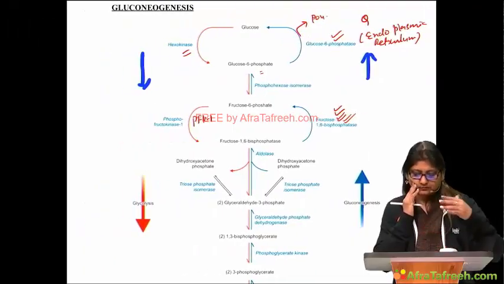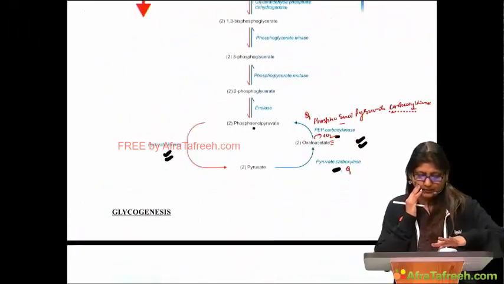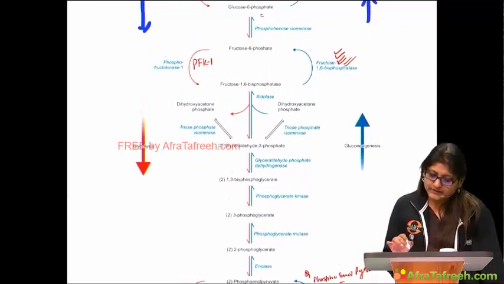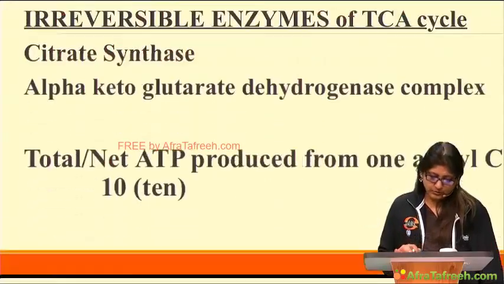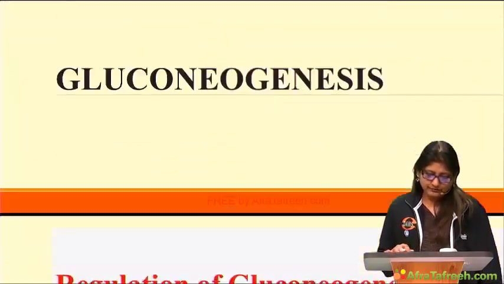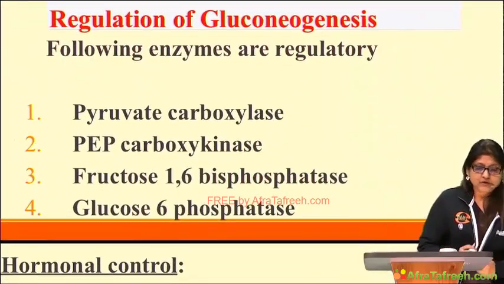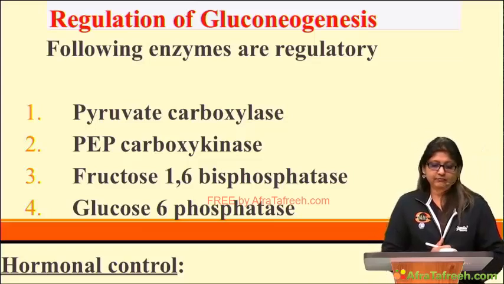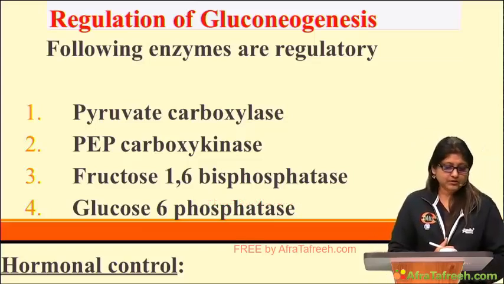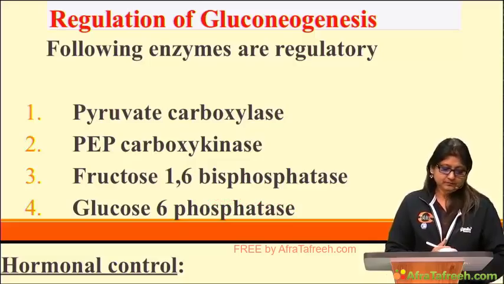And now I am coming to my PowerPoint slide where I'll be showing you the important aspects of gluconeogenesis. Regulation of gluconeogenesis. So the following 4 enzymes are regulatory in the process of gluconeogenesis. What 4 enzymes?